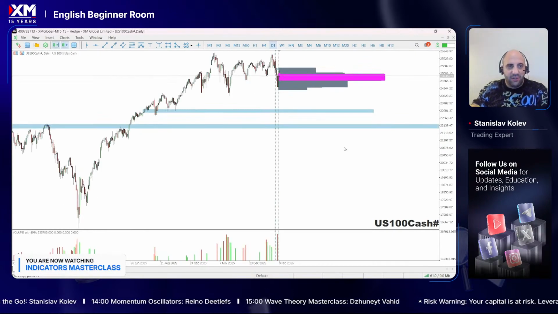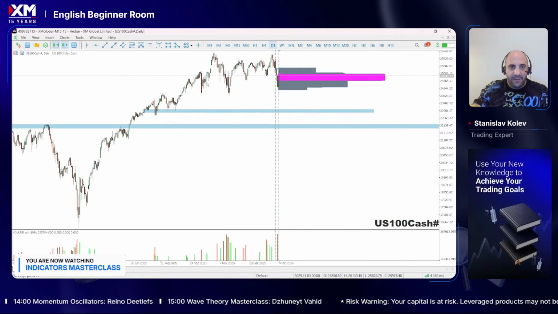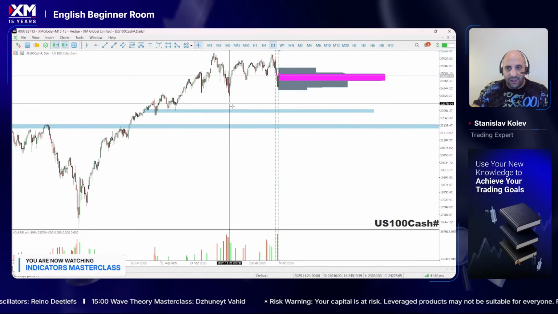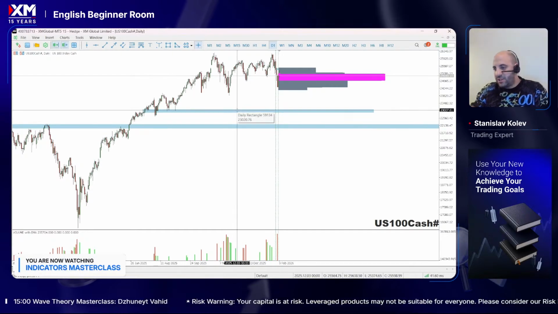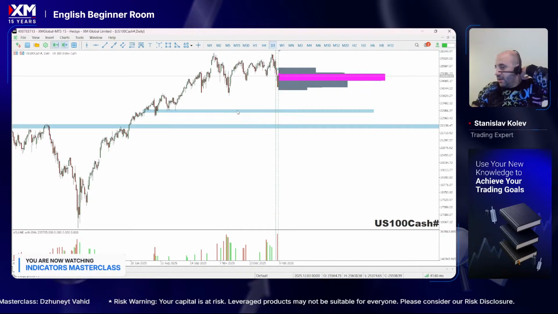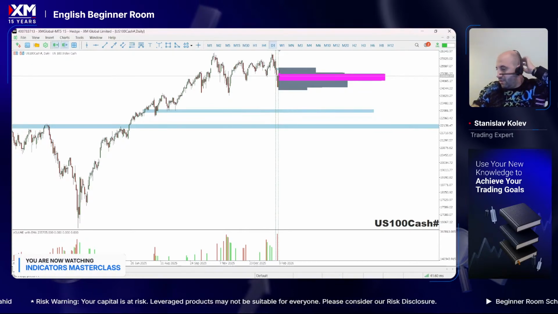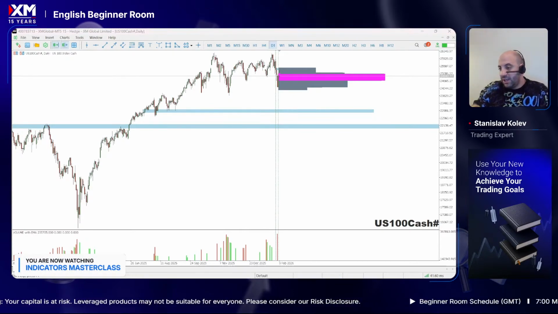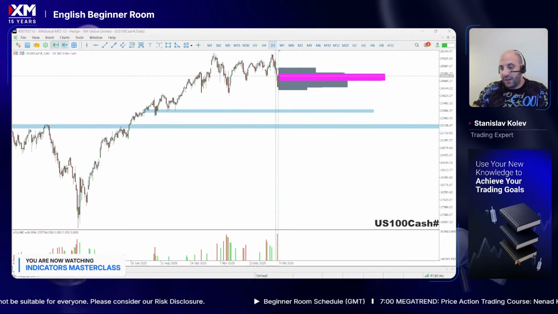Those are the two levels on the NASDAQ that I personally would like to see before I start looking at the reversal or potential reversal.